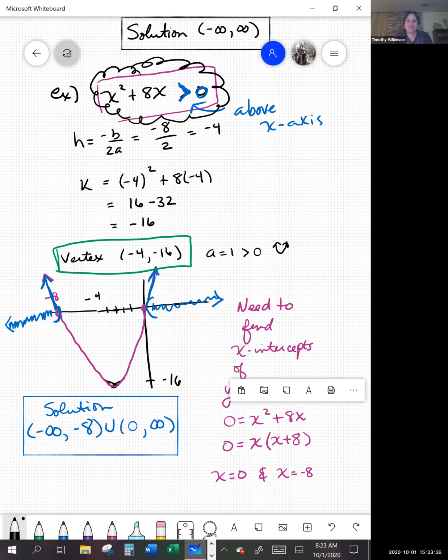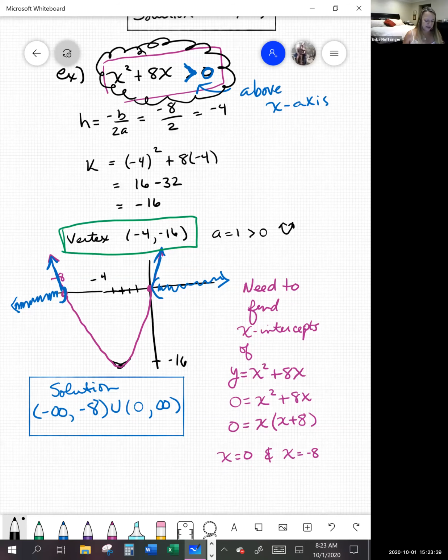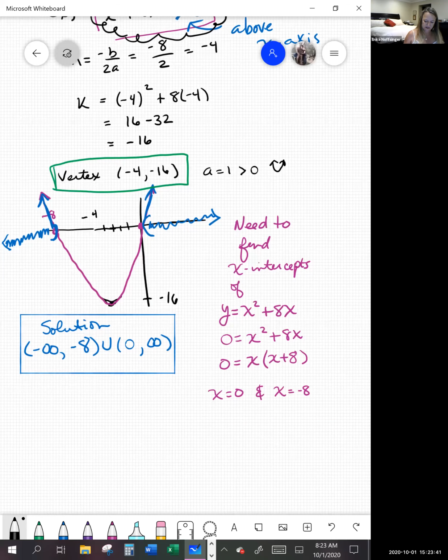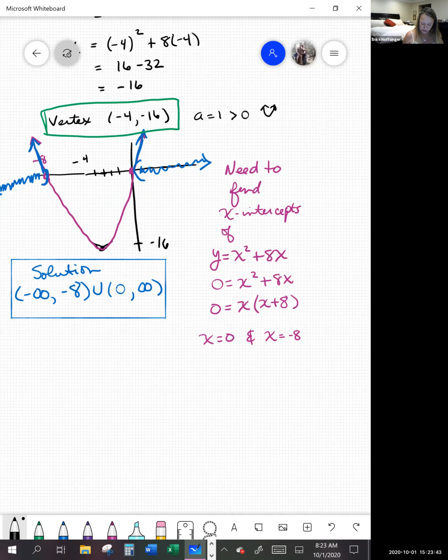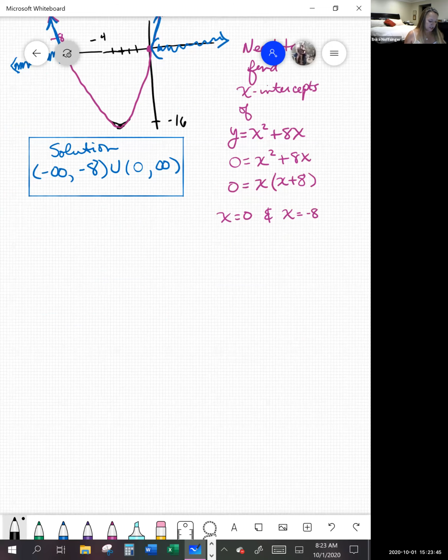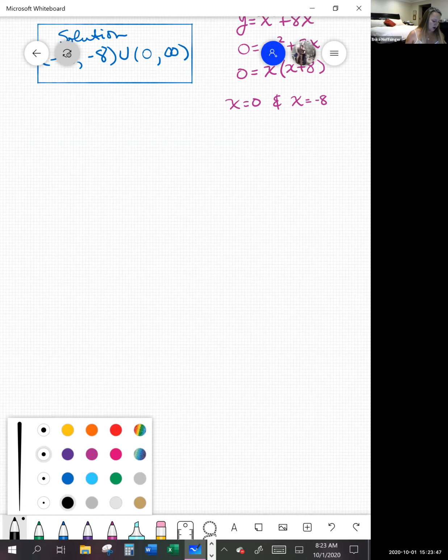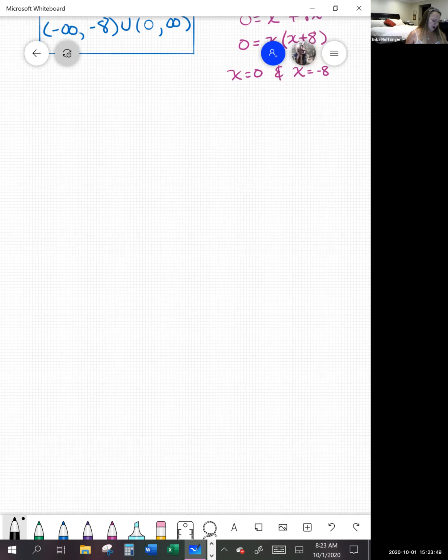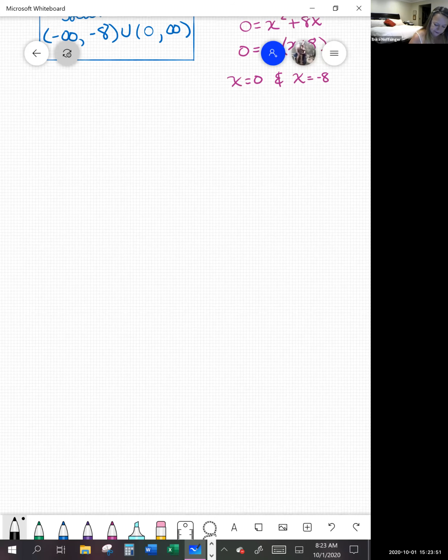Okay, so one other type that you guys might see is when you have multiple equations or multiple inequalities. So for the following, you're going to be given f of x and g of x. Let me just pull one.